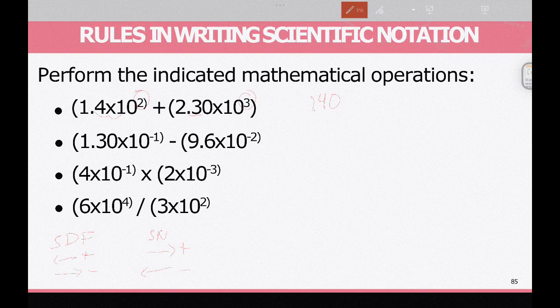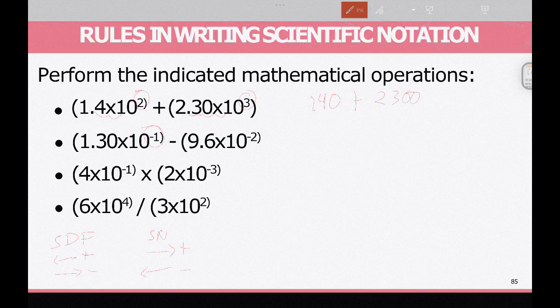So 1, 2, and then 3. So we added to 2,300.